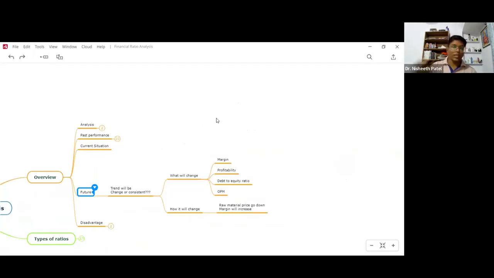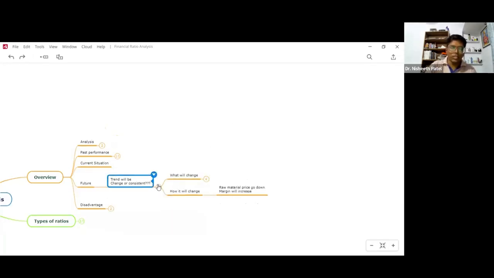If any company is having sales of 100 rupees for the past 5 years, and the company is having expenses of around 50 rupees, so net to net the company is getting 50 rupees in hand. But what happens in a year that some unexpected expenses come, so their profitability will decrease, then their operating profit margin will also decrease.